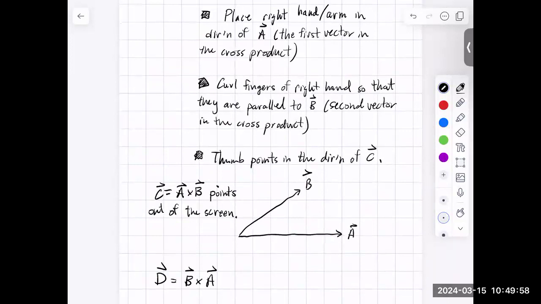Now my thumb points into the screen. Okay, and so D points into the screen. Okay, so A cross B and B cross A result in vectors that are the same length, the same magnitude. It's always going to be AB sine theta. The difference will just be the direction. They'll be anti-parallel to one another.